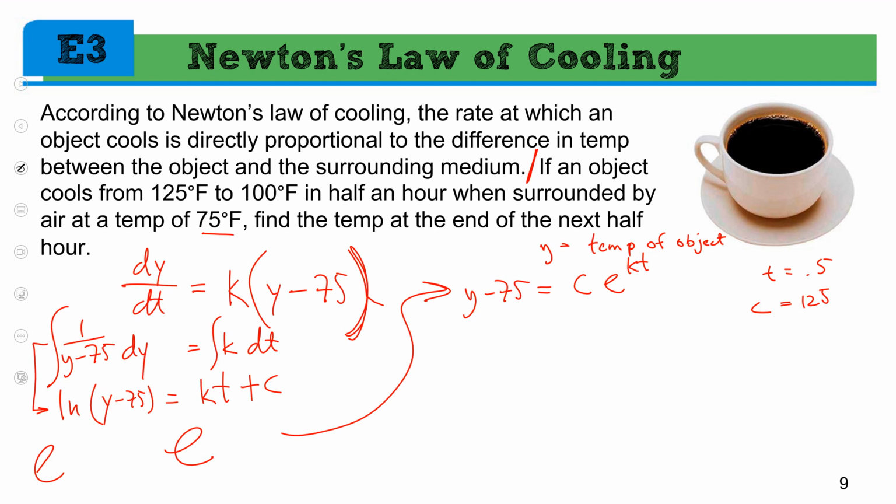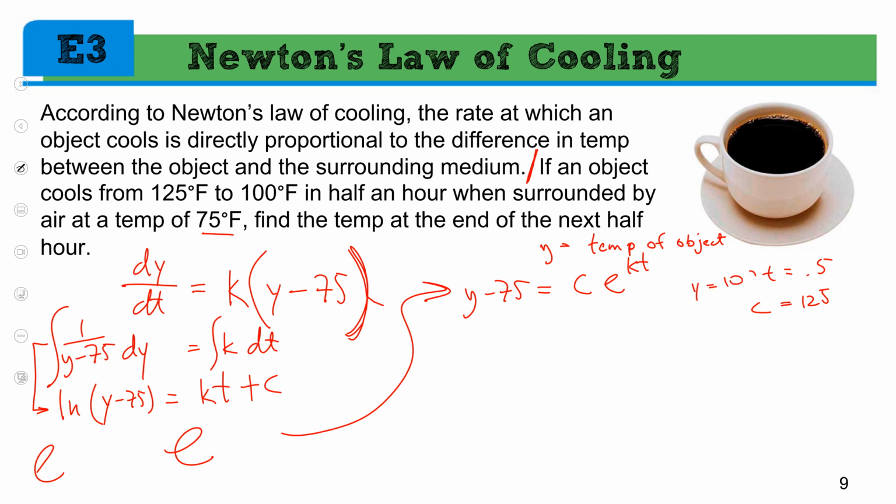All right. So let's go through this and play with this a little bit more. At t equals 0.5, at a half hour, what's the temperature? What's the temperature after a half hour? 100.